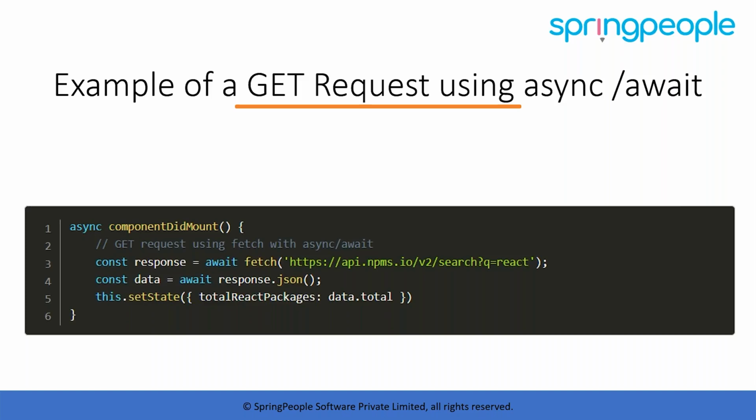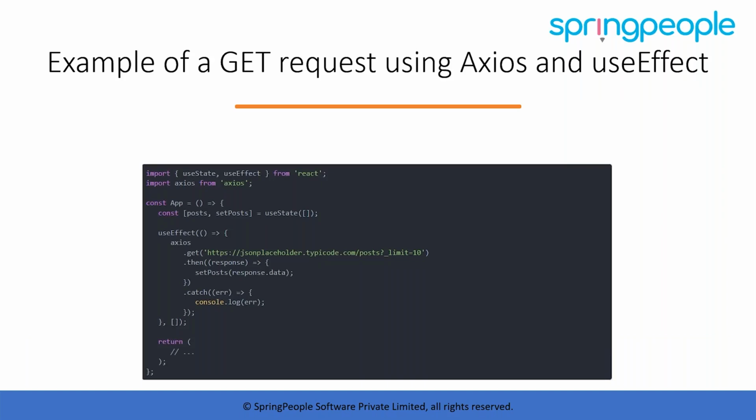I want to be able to fetch the data and load it whenever the component mounts, and it has to be an asynchronous call. So we are going to use async and await to do that. Any asynchronous call with the fetch API is made using this combination of async and await. But what if I don't want to work with the fetch API?